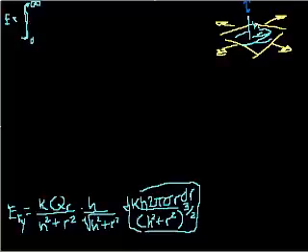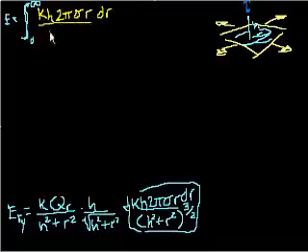Let me do it in a different color. This light blue is getting a little monotonous. It's k h 2 pi sigma r dr over h squared plus r squared to the 3/2. Now let's simplify this a little bit.